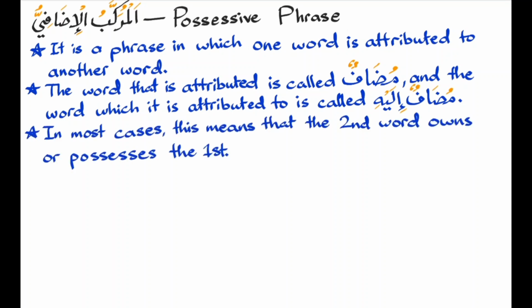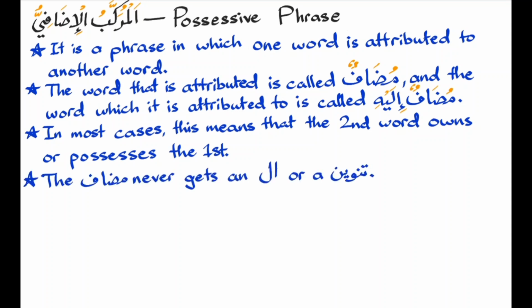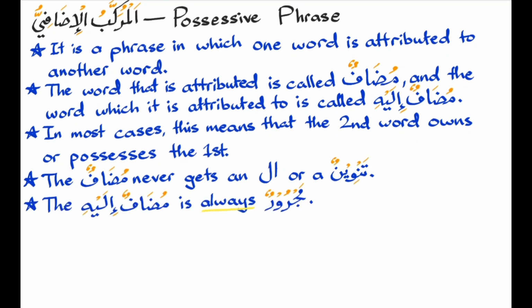In most cases, this means that the second word owns or possesses the first word. The mudaf never gets an alif lam or a tanween. Remember that mudaf is the first word, which in most cases is the person or thing being possessed.